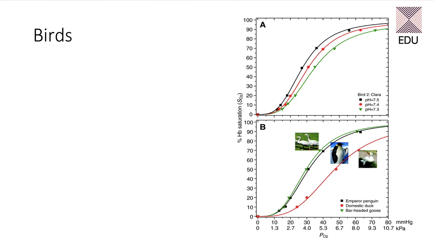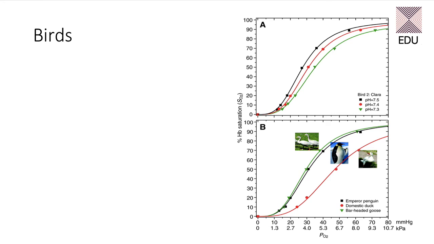If we take the first two graphs, they are 20% saturated at 20 mmHg of PO2. So that's why we can very clearly see that the first two graphs are more efficient in taking up the oxygen than the third graph for the domestic duck.